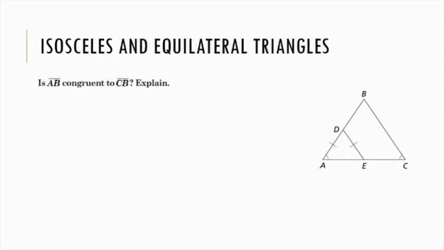So if we look at an example you might see on a problem, it says, is AB congruent to CB? So AB and CB, are they congruent? Now if we use the converse of the isosceles triangle theorem, we can say since angle A is congruent to angle C, then the opposite sides are congruent.